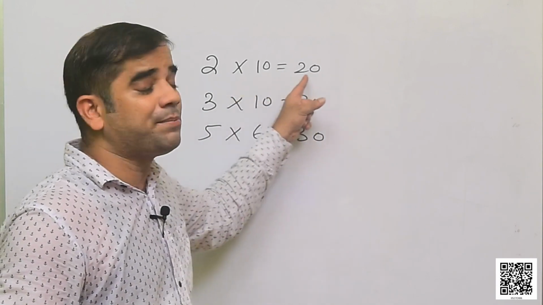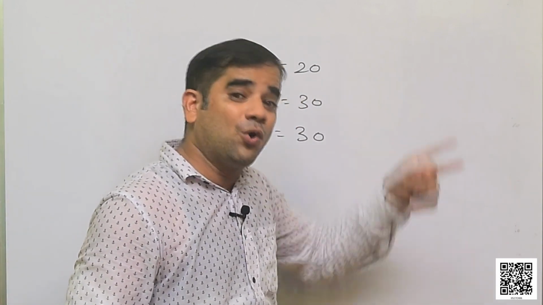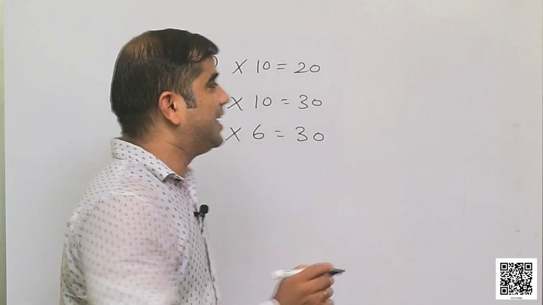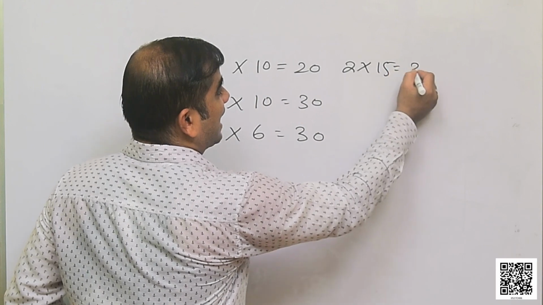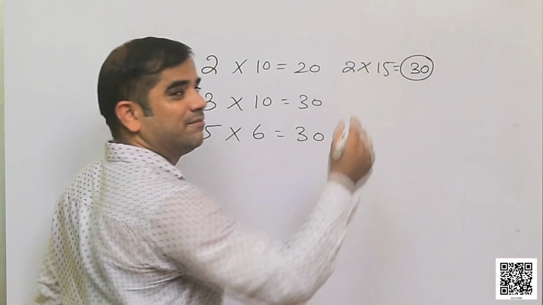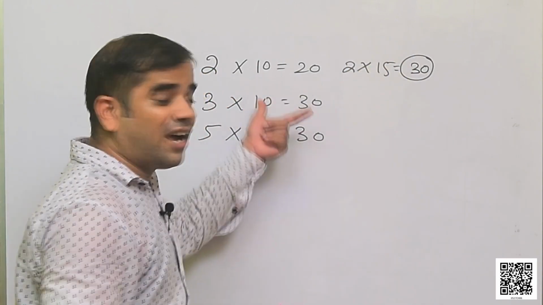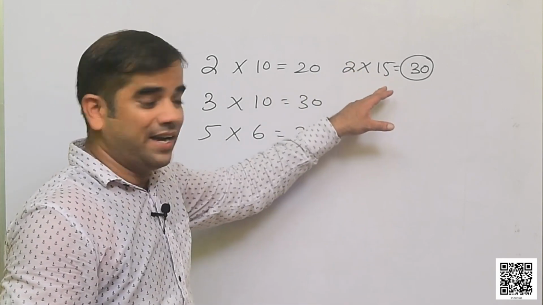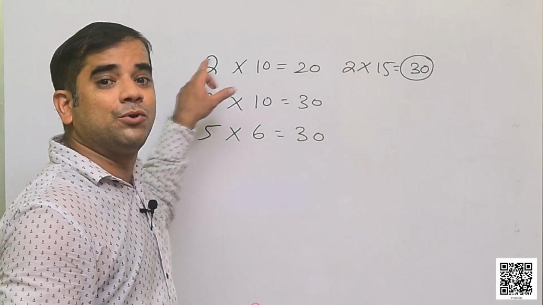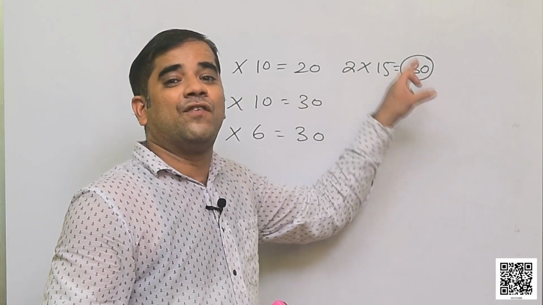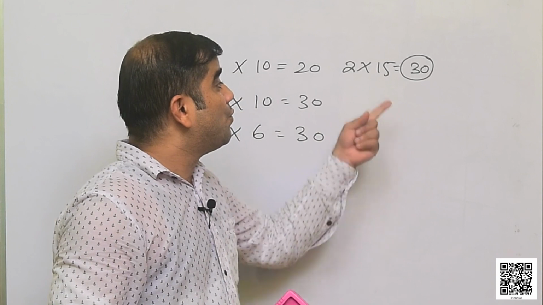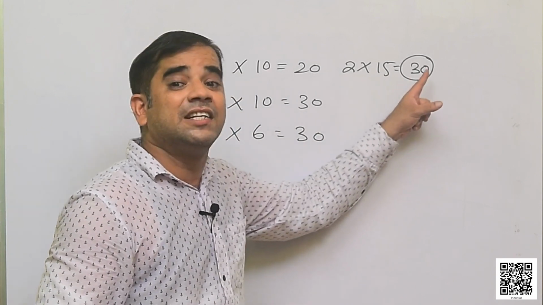No, it keeps going and going up to infinity. So we have 2 into 15, that is 30. Of course, we are not learning the table up to 15, we are learning each table up to 10, but there is a process of never ending multiplication which gives us 2 times 15 as 30.